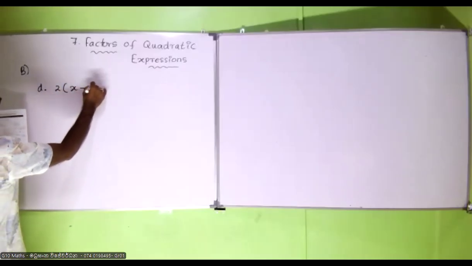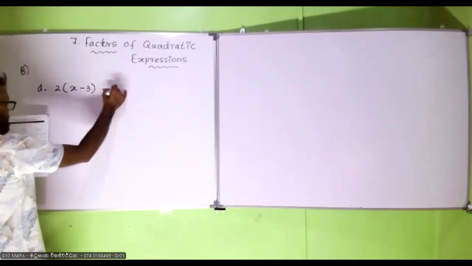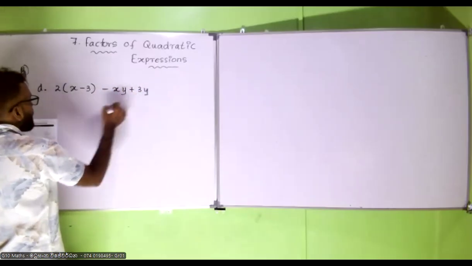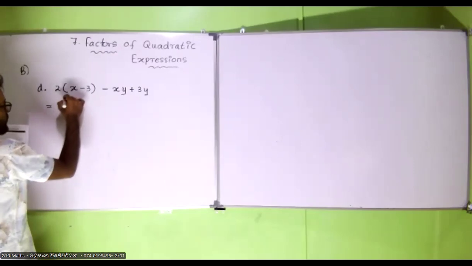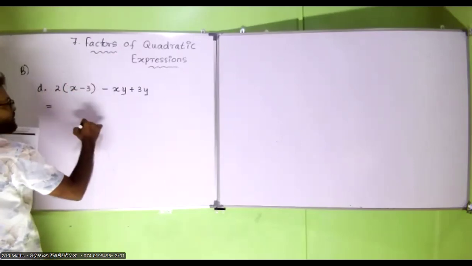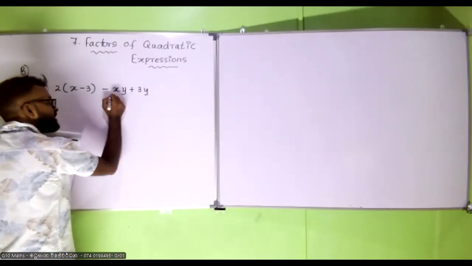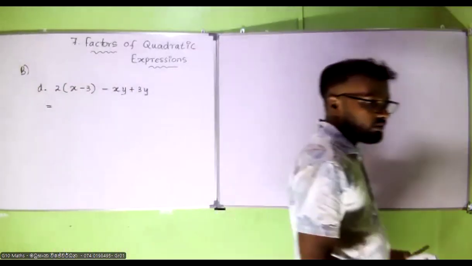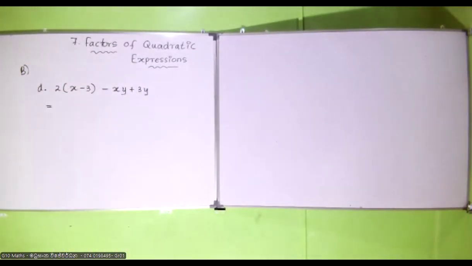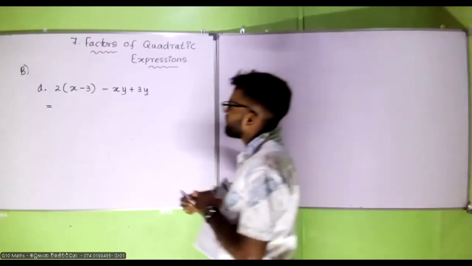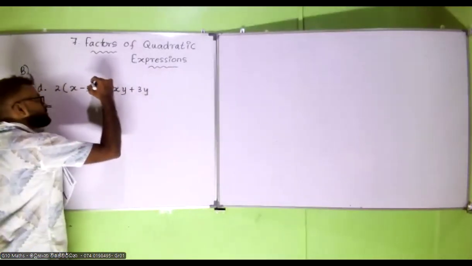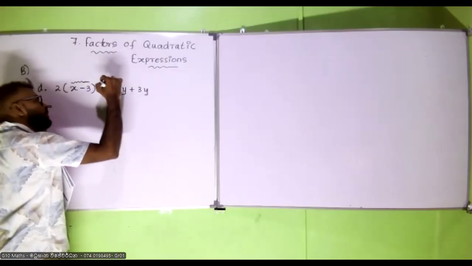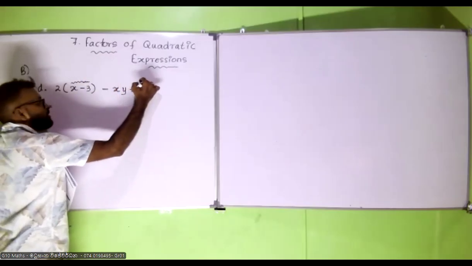x minus 3 minus xy plus 3y equals. Now here you have x minus 3, and when considering this part and this part, you are going to build this x minus 3 here.